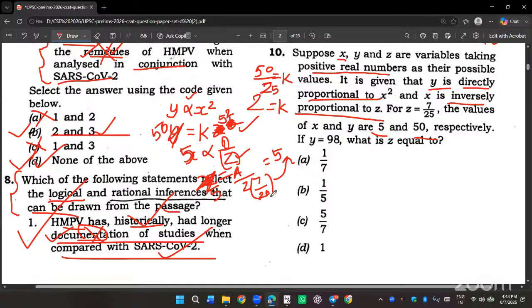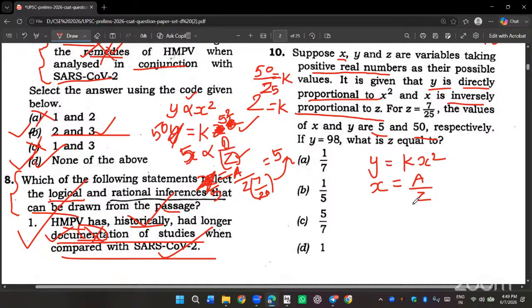Similarly here, the value of C we will get. So when you take this to that side, you will get a C value. When you substitute that C value, now we have got this expression y is equal to K into X square. X is equal to A by Z. Correct?